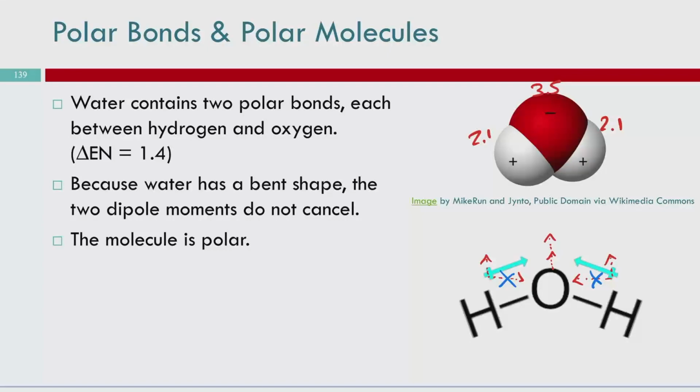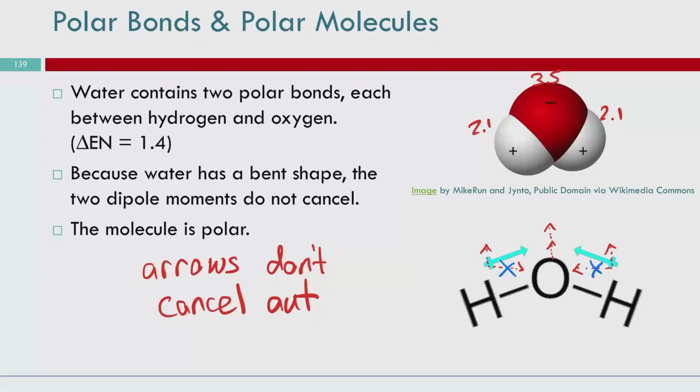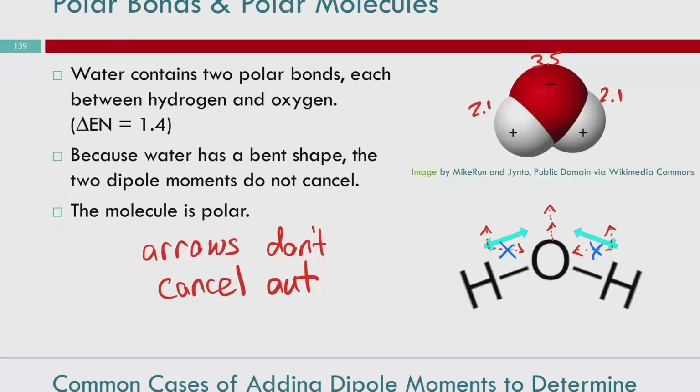This is part of why I was saying I don't think we're going to like the vector or the arrow method, because we get to do this, and it's more fun in three-dimensional space. There's a shortcut that we'll learn later. The long and short of it is the arrows don't cancel out in water. And so water is polar.